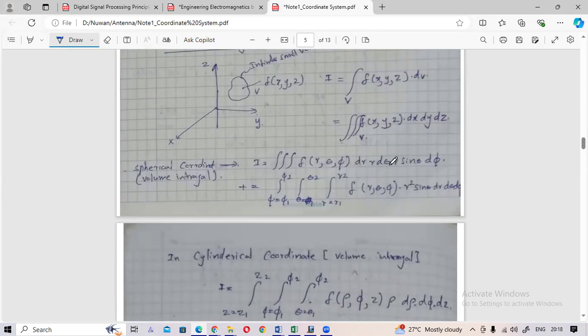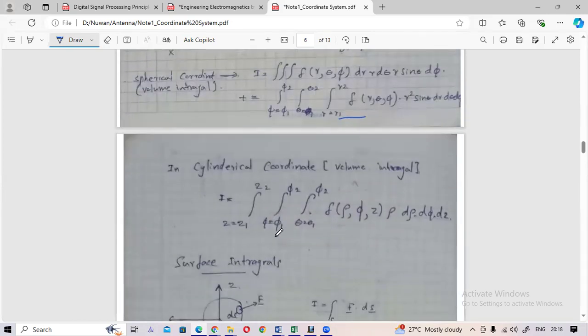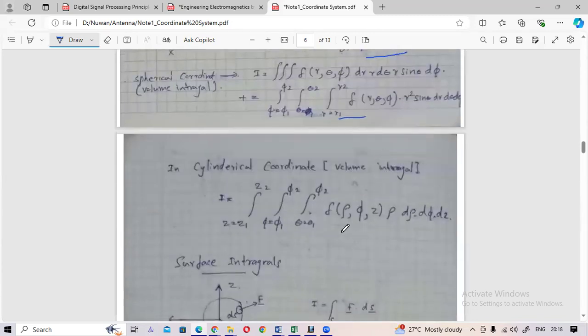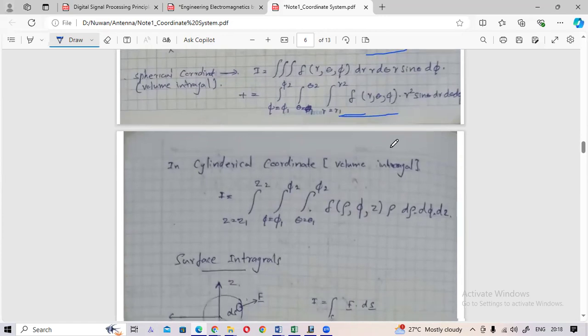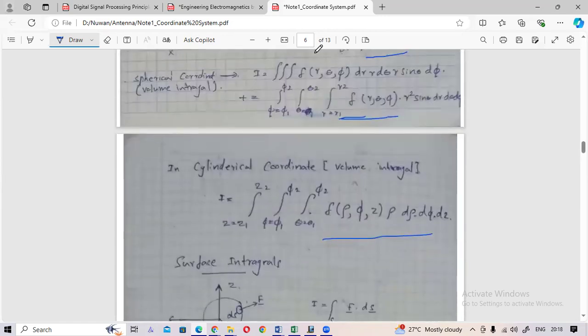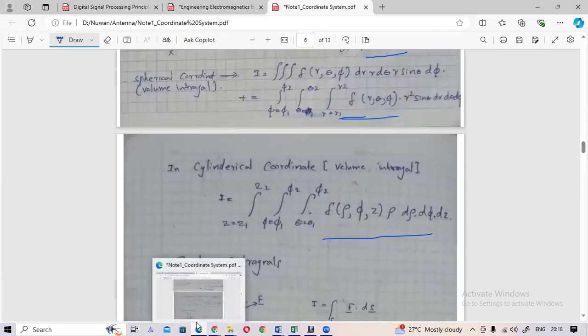There is r squared sin theta, so you have to consider r squared sin theta dr d theta d phi. In cylindrical coordinate also rho is there, rho d rho d phi dz. So basically you should remember these two, the spherical coordinate and the cylindrical coordinate. Then you can find any charge volume.